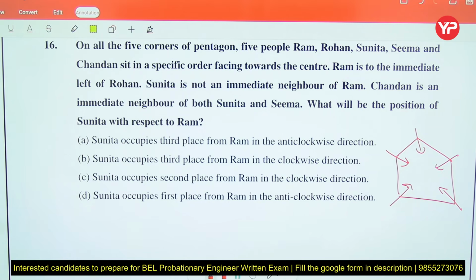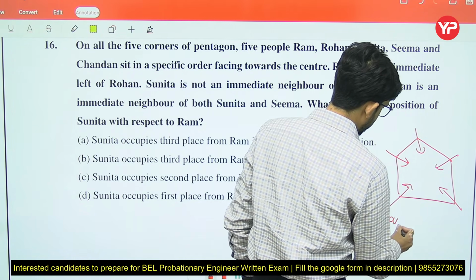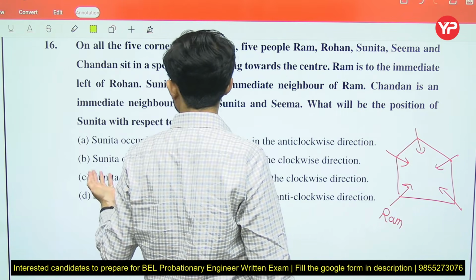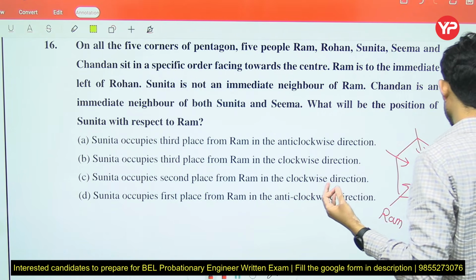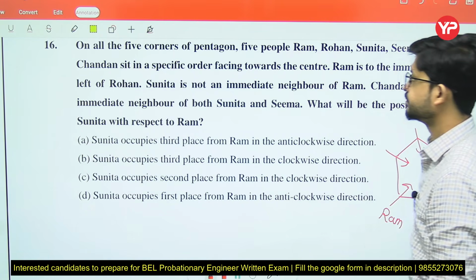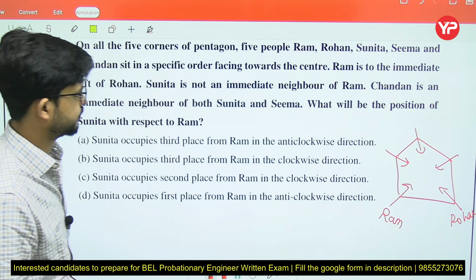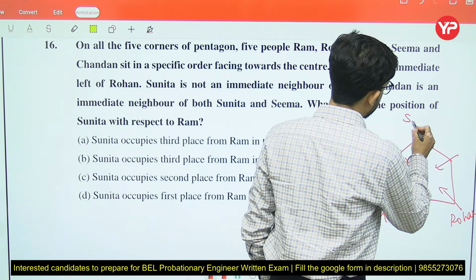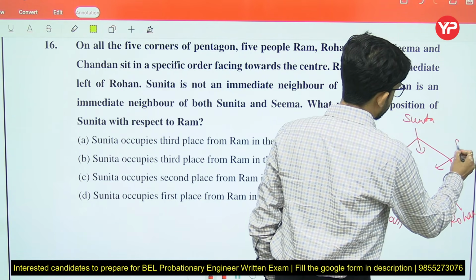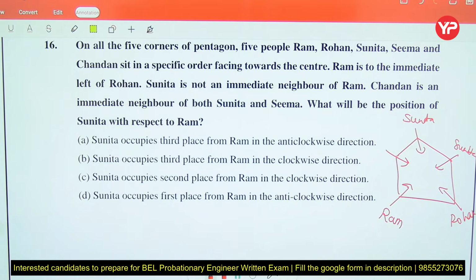Ram is the immediate left of Rohan, means Rohan's left is Ram. Sunita is not an immediate neighbor of Ram, means Sunita may be here or here. Chandan is an immediate neighbor of both Sunita and Seema.